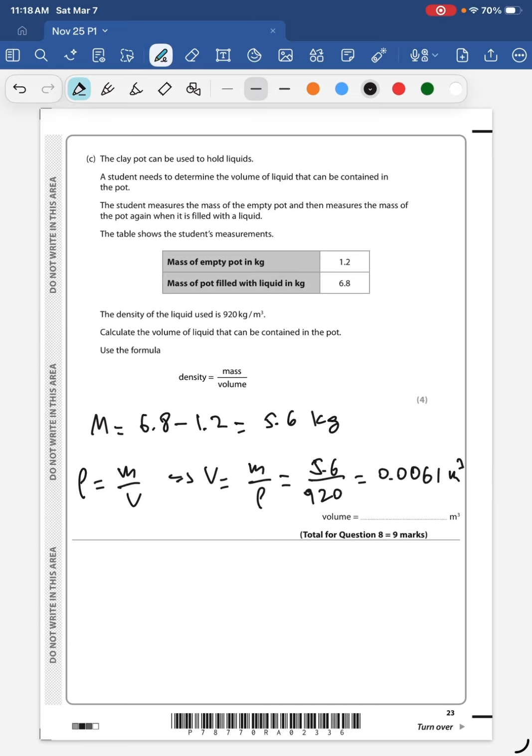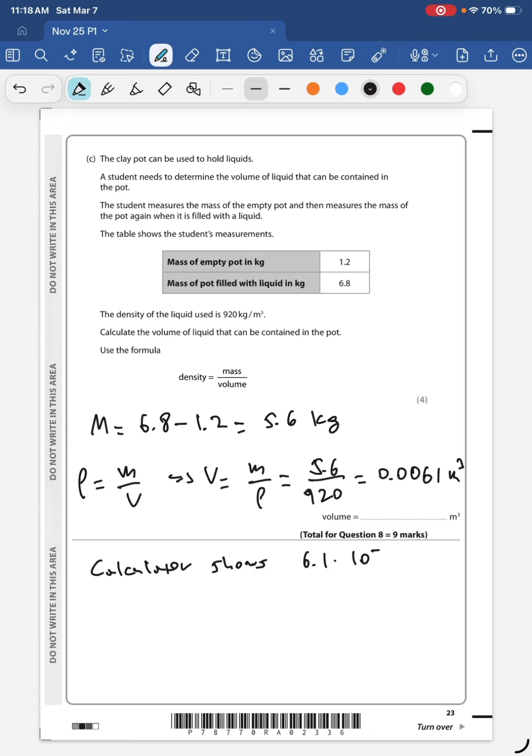If you calculate this on your calculator, it shows 6.1 times 10 to the negative 3.